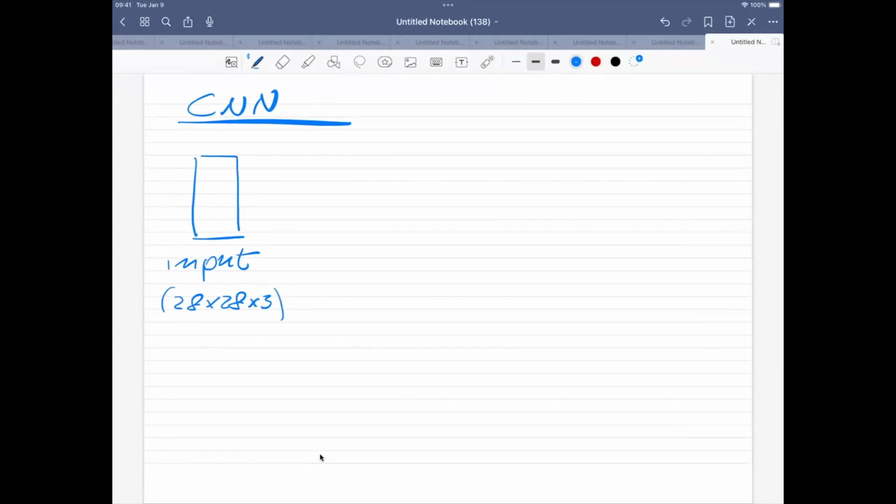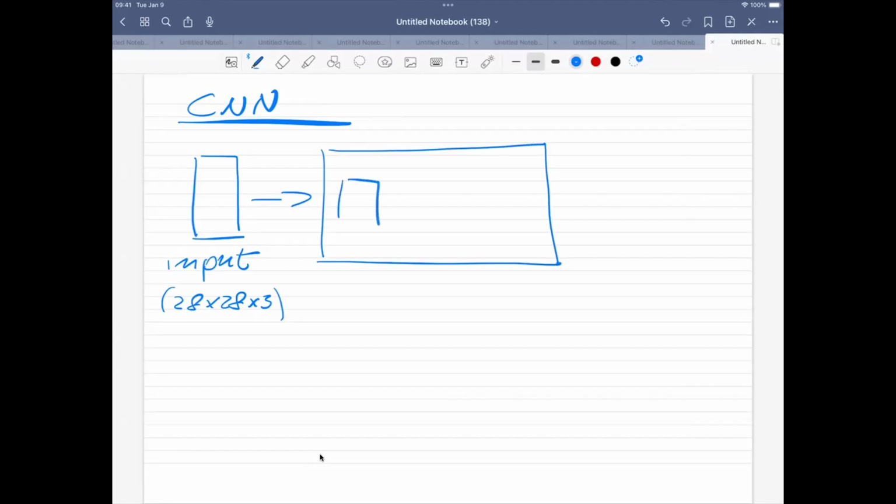And then what we have is a convolutional layer, and this is something which we can repeat many times. We have the convolution part itself, which I'm just writing as conv. But normally, the whole thing here is actually called the convolution stage.